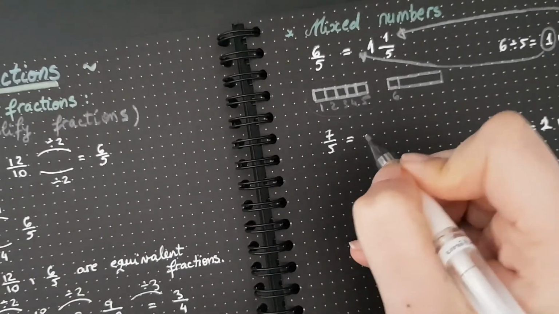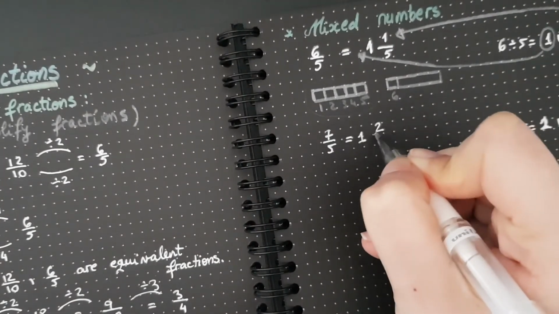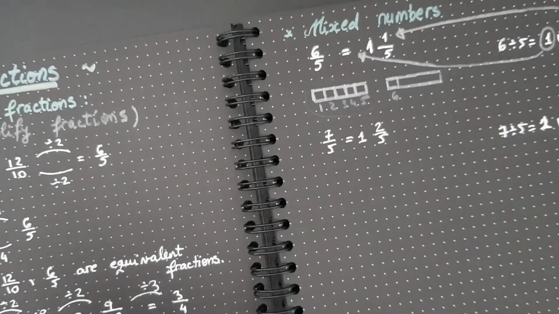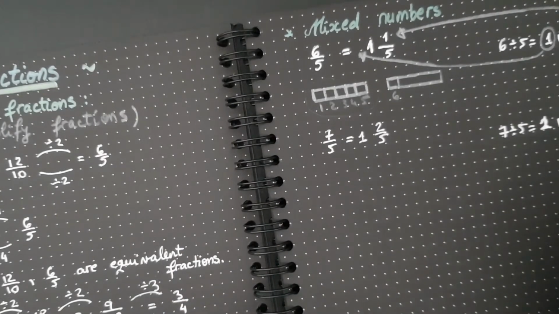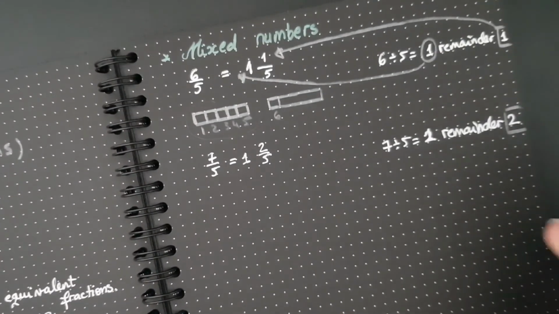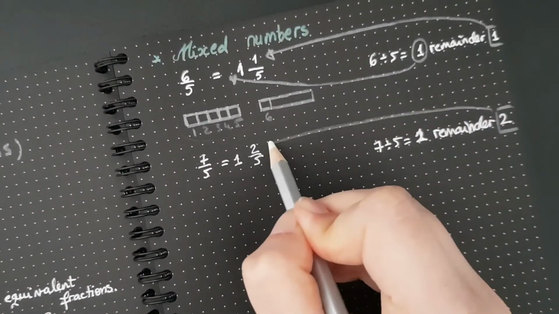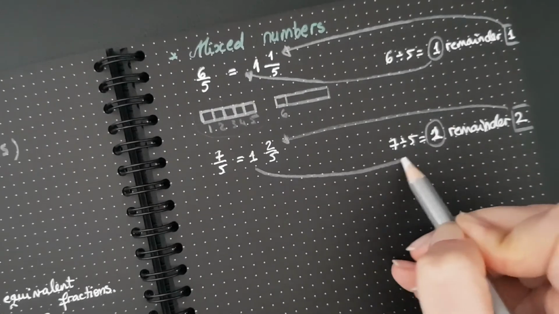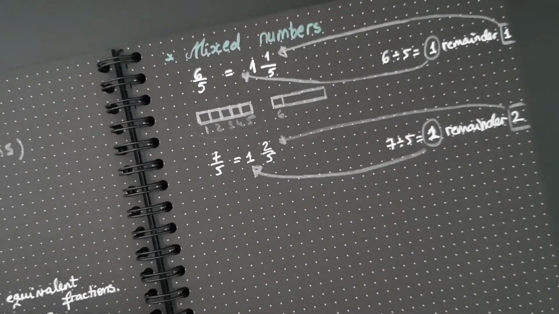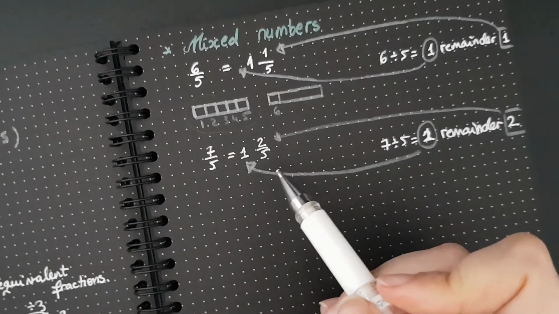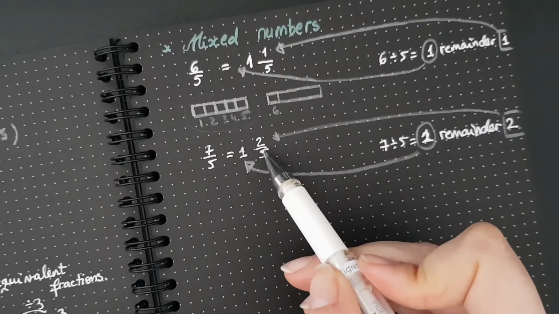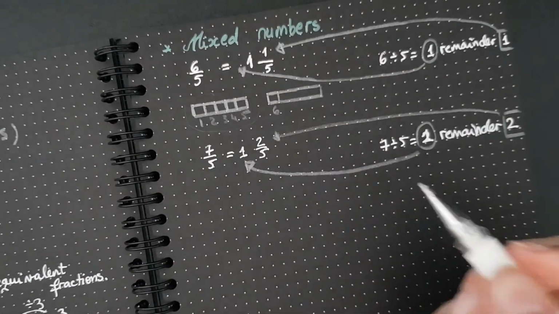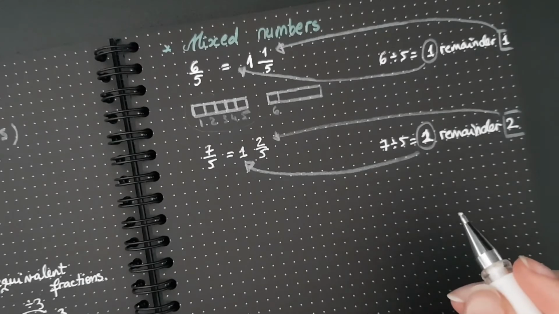So in this case, I write it as 1 and 2/5. Again, the 2 is the remainder, and the 1 is the whole that goes in front. And that's why it's called a mixed number, because I have a whole and a fraction, so it's mixed.